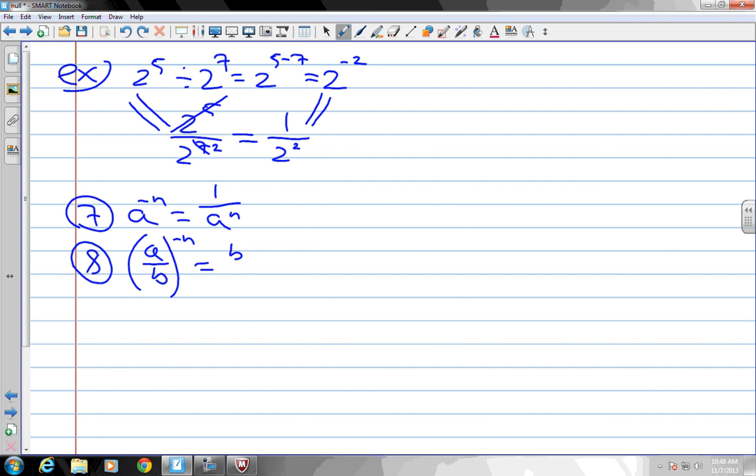It's going to become b over a to the power n. So a negative exponent just flips the fraction. Okay?